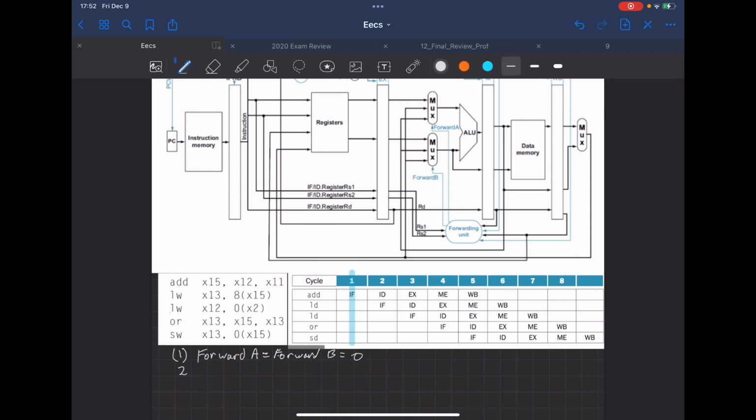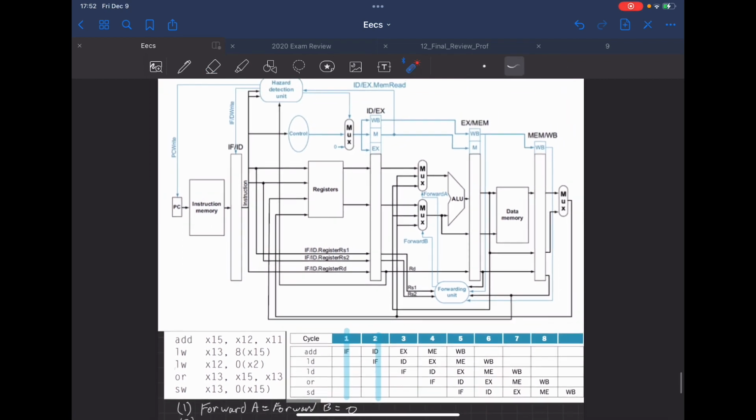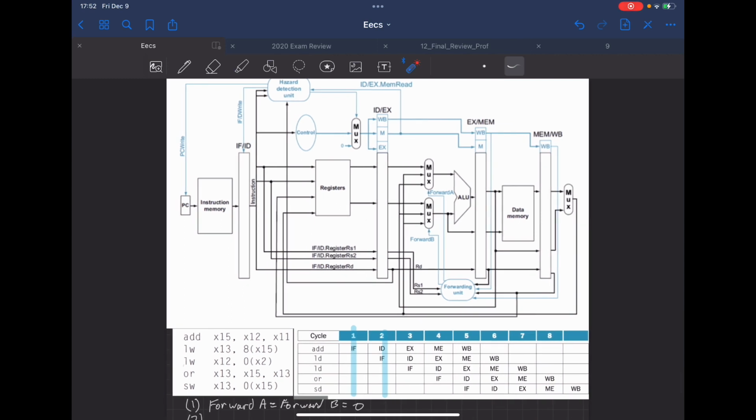Now, cycle 2. What happens at 2? Let me just highlight it here to keep consistency. For the second cycle, we now have the R-type instruction.